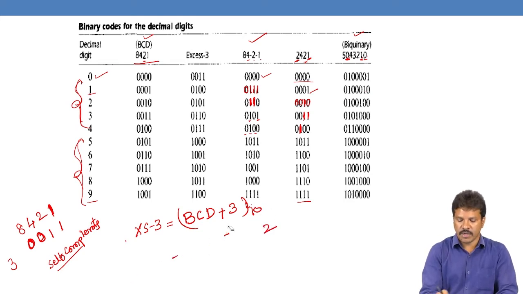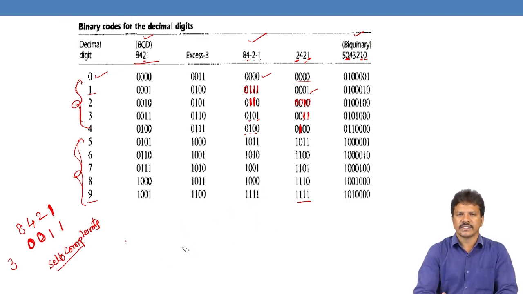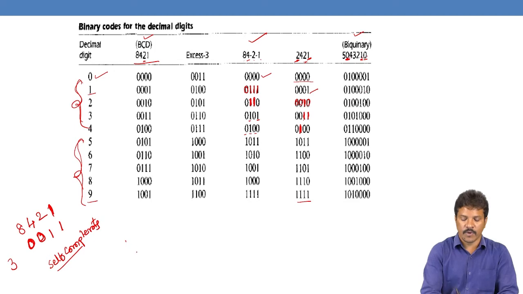Let us check one by one. What is the XS3 code for 9 in decimal? You would probably say 12. When I ask what is XS3 for the decimal number 2, automatically we say the XS3 code is 5. But we can represent it in binary. What is the XS3 code for 0010? It is number 2. So we can just add 0011 for each number.